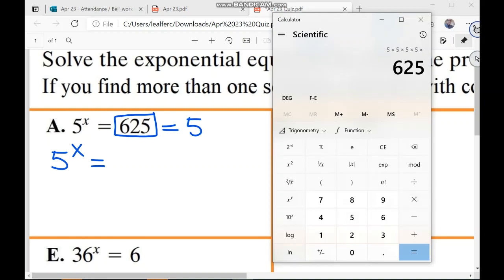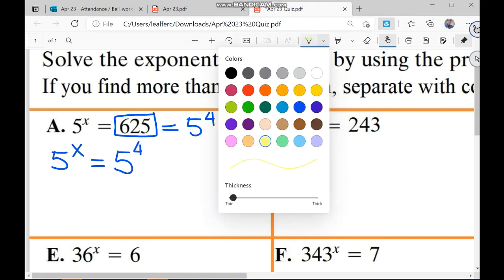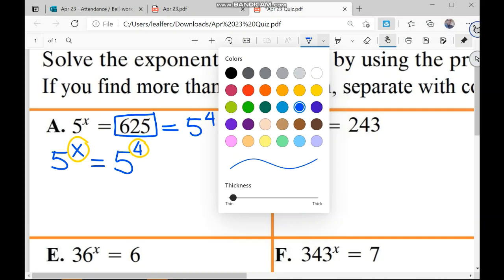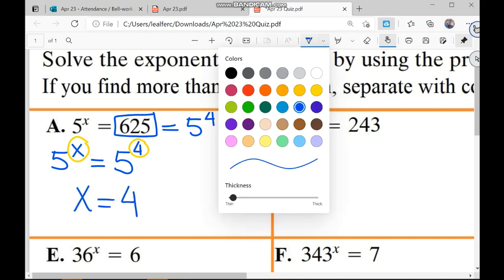So 1, 2, 3, 4. 5 exponent 4. We can say 5 exponent x equals 5 exponent 4. Now you compare the exponents, and you can definitely say that x equals 4. This is a good answer.